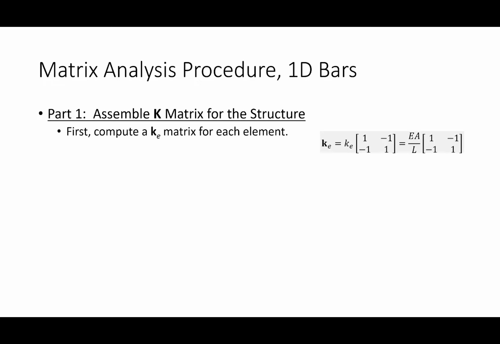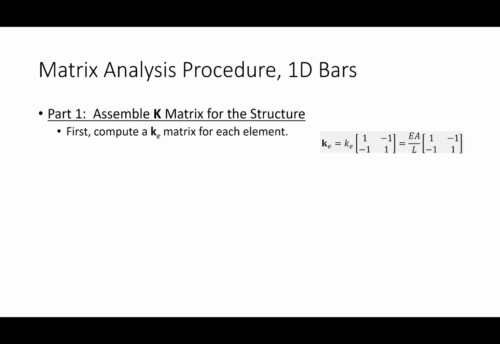Okay. If you understand that, then let's talk about how to actually do these problems, okay? So, part one. What is part one? Right here. Assemble the K matrix, okay? So what we're going to do is write one of these spring matrices for each element in the system, and then we're going to perform this process called assembly.